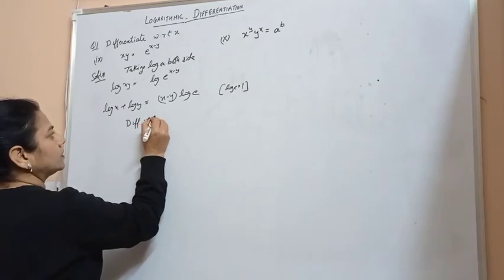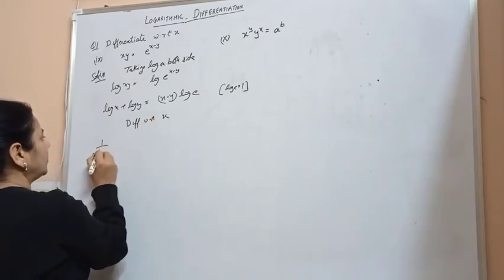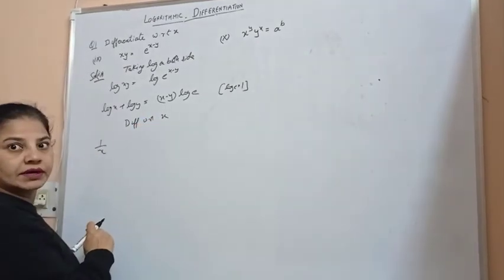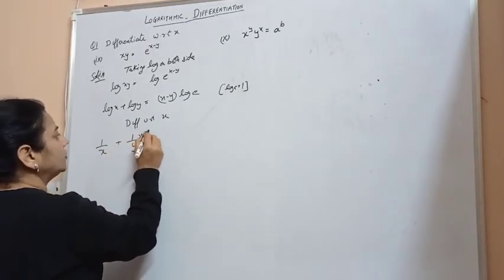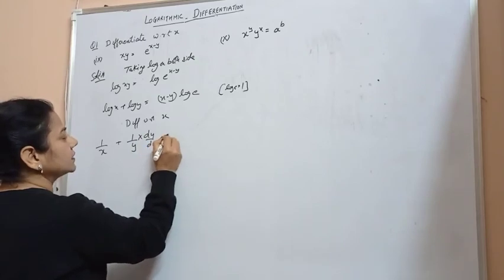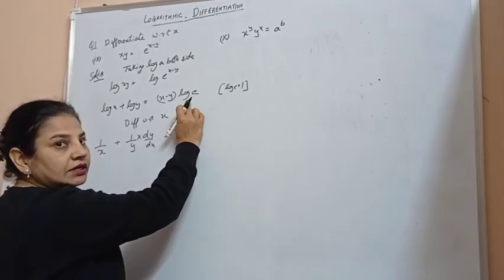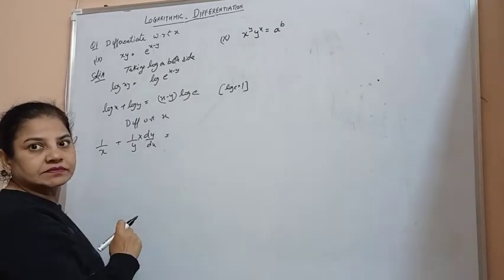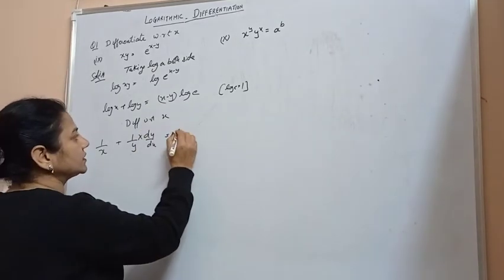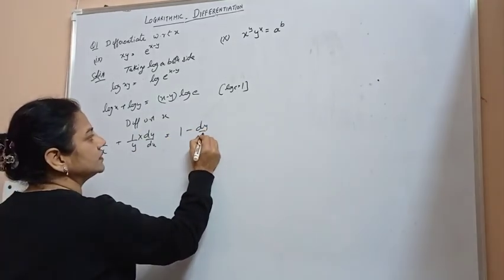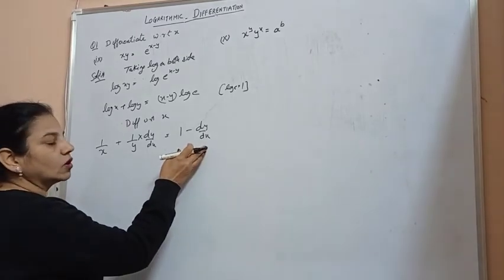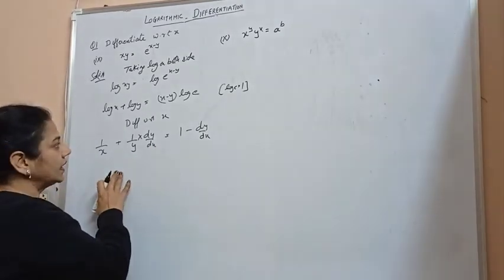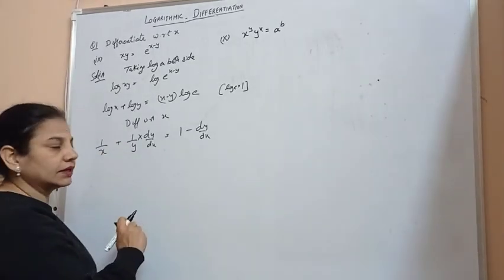So differentiate with respect to x. I get 1 upon x, the derivative of log x is 1 upon x, plus 1 upon y into dy by dx is equal to, log e is 1, so I have to differentiate x minus y only. So the derivative of x is 1 minus the derivative of y is dy by dx. I take the terms of dy by dx to the left hand side and the rest of the terms on the right hand side.